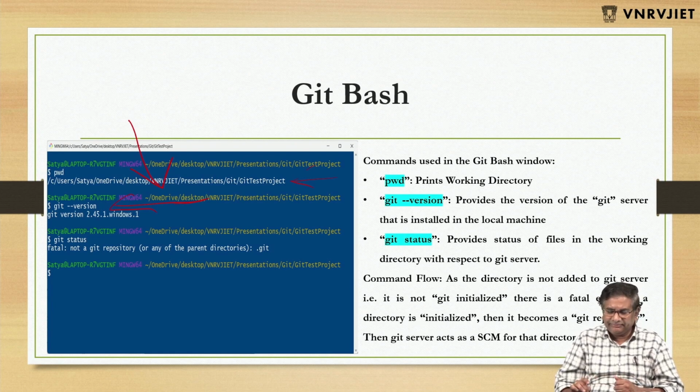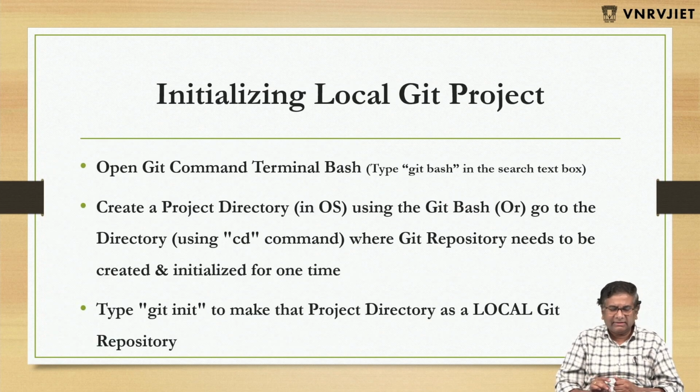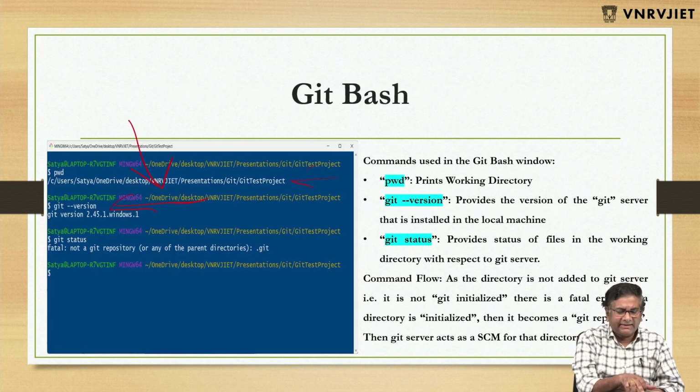Now let's go to the next command. In order to make a directory Git storable, we have to initialize the current working directory. As you can see in the last screen, the git status command gave a fatal error, not a Git repository.